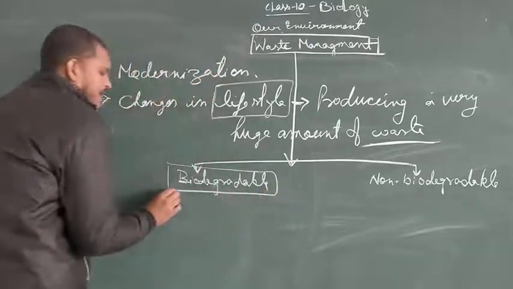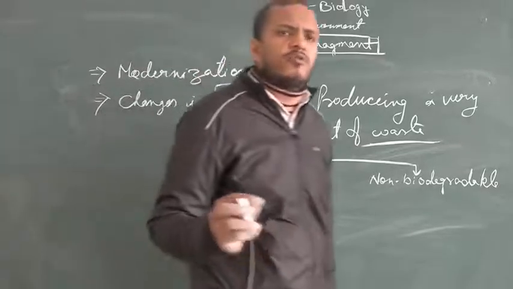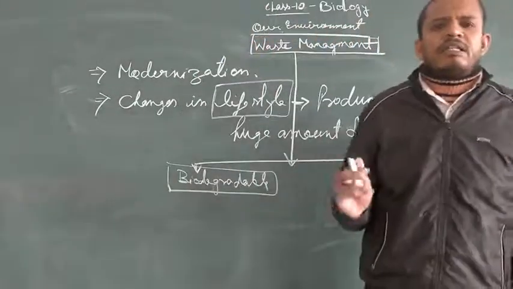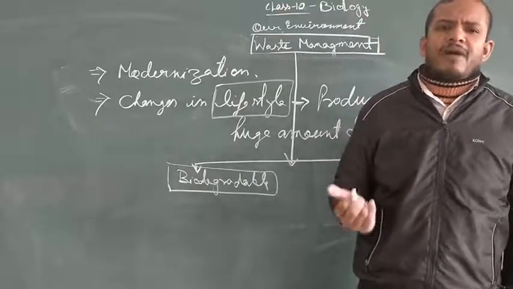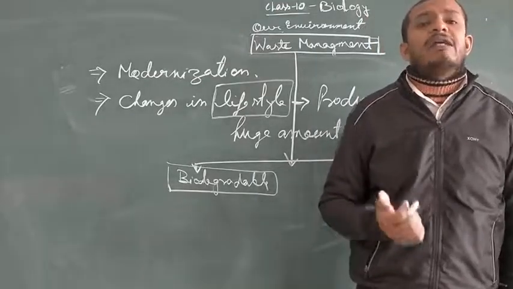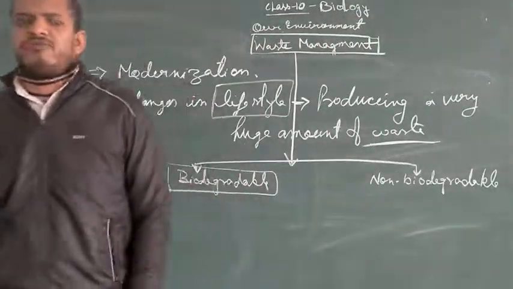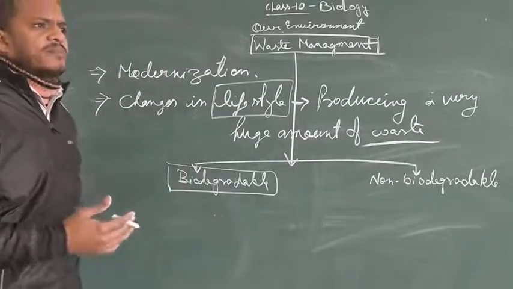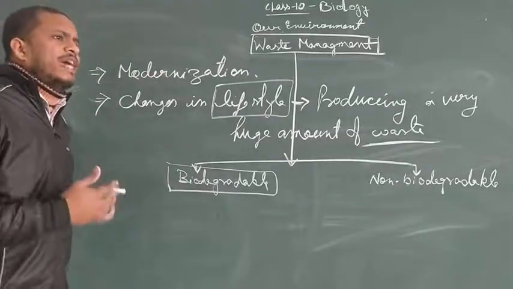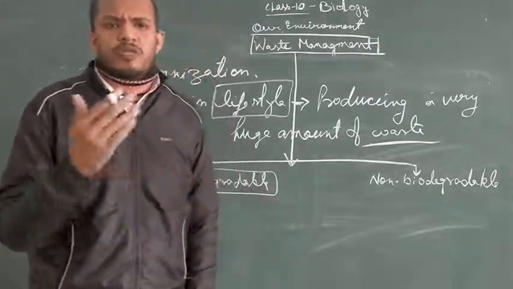Biodegradable waste is not a problem for us. Biodegradable waste is that which can get decomposed and broken down into a simple form with the help of microbes, bacteria and decomposers, like agriculture waste, vegetable waste, food items, and the waste materials released by organisms after consuming food. So these can be degraded in nature from the complex to the simple form.